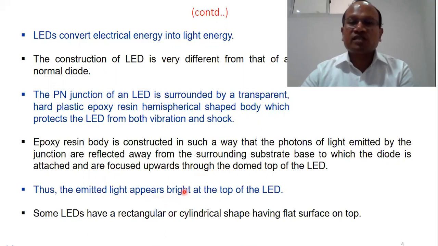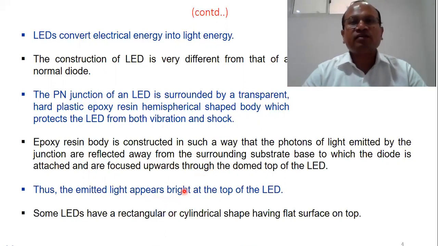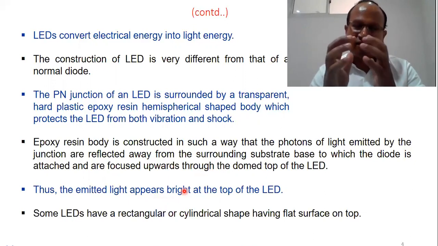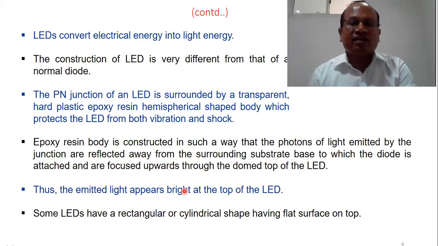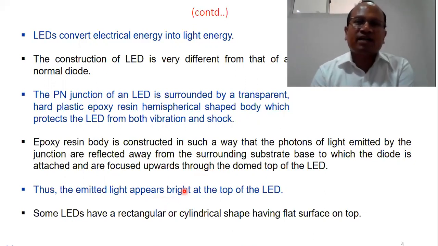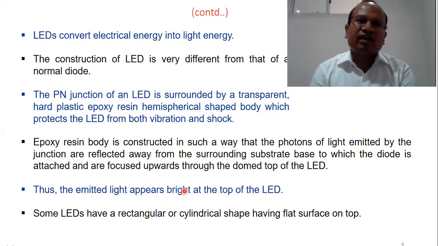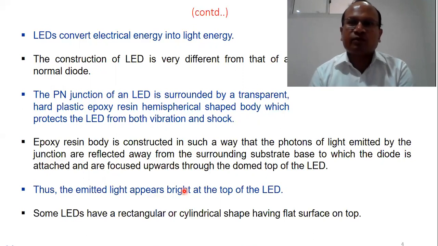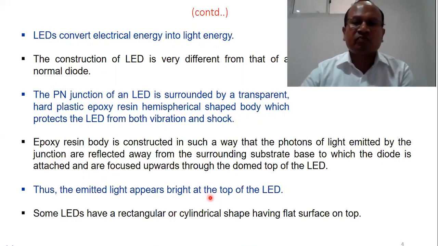The emitted light appears bright at the top of the LED because some focusing arrangement is made so that the domed top area receives the maximum photons or light energy. So we can see some brightness, not that high intensity as we can see in a laser beam. A laser beam is very powerful. Some LEDs have a rectangular or cylindrical shape, having a flat surface on top also.